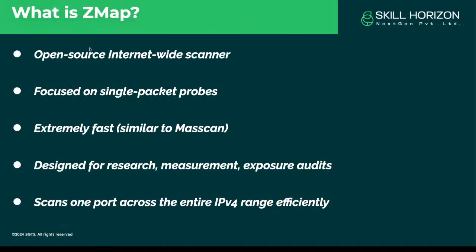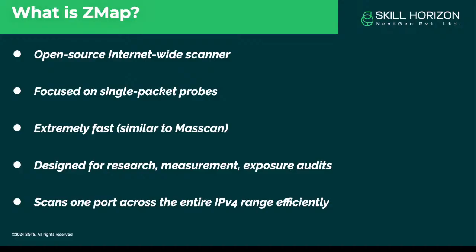So Zmap is an open source internet scale network scanner created for research and measurement. It allows you to scan entire IPv4 ranges extremely fast, focusing on single packet probes. So think of Zmap as a focused version of Masscan. If you didn't watch the previous video, pause this right here, watch the previous video of the Masscan guide, and then come back later.